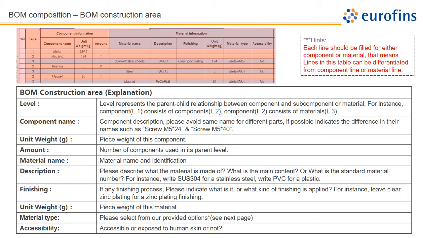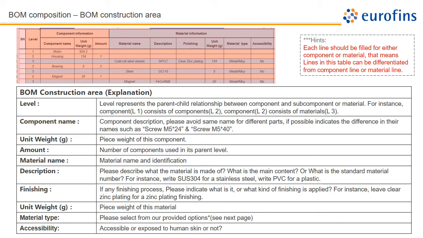This is the most important field in this table because all of our risk assessment is based on it. You should input as much and accurate information for the material as you can to indicate the composition of the material. At least you should declare the main content of the material here.